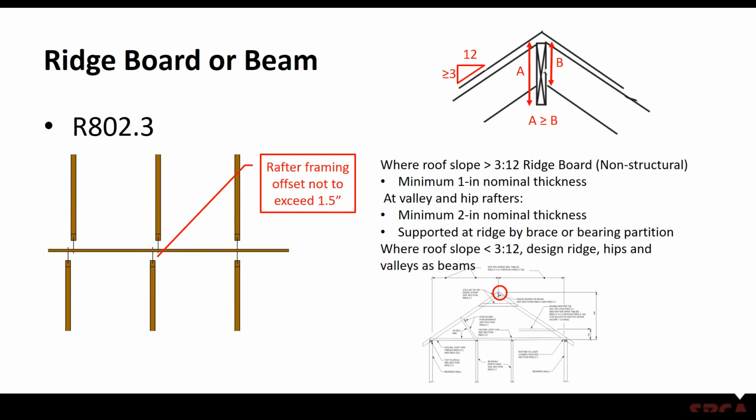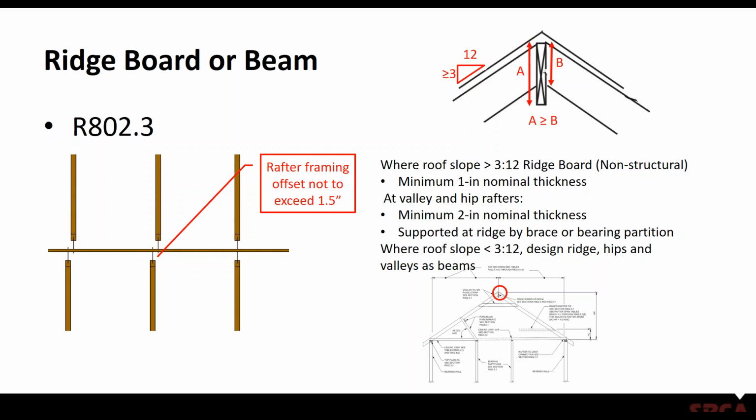And the code allows that the rafter framing can be offset up to 1.5 inches on either side of the ridge board. For valley and hip rafters, you need to use a minimum 2-inch nominal thickness, whereas for a ridge board, you're allowed to use a 1-inch nominal thick piece. And whether it's a ridge board or a valley or hip rafter, it has to be at least as deep as the vertical dimension, after it's been cut, of the rafter that's tying into it.